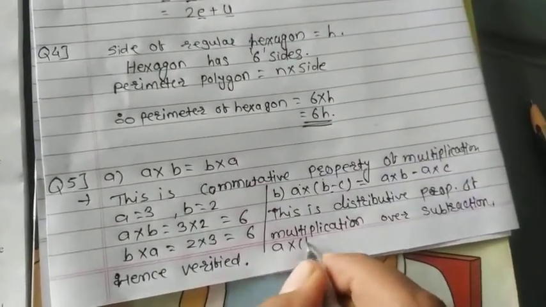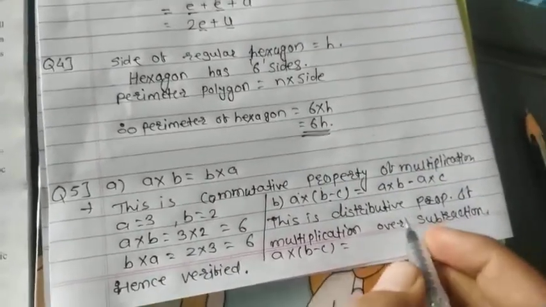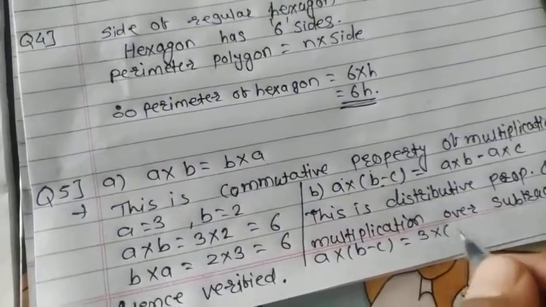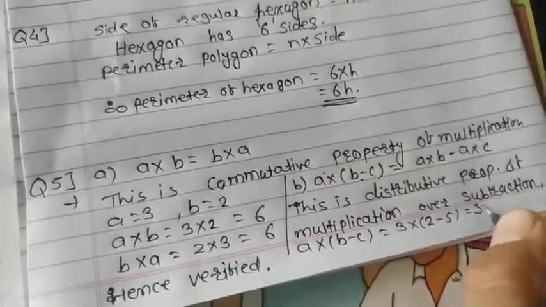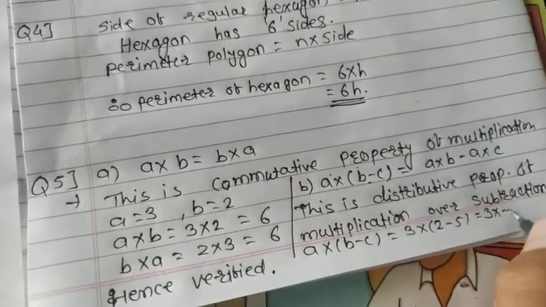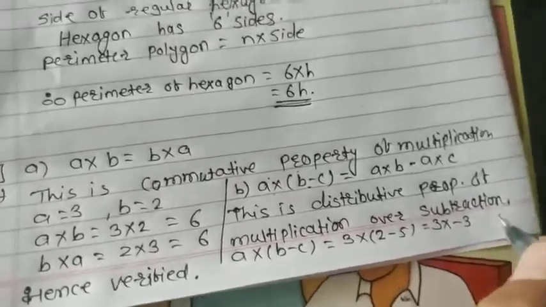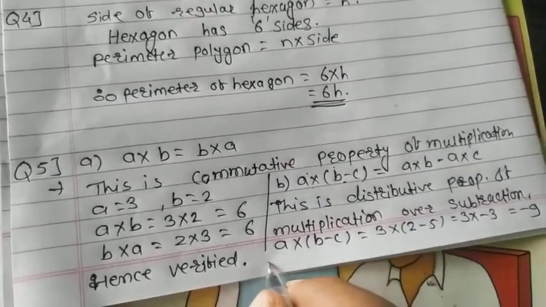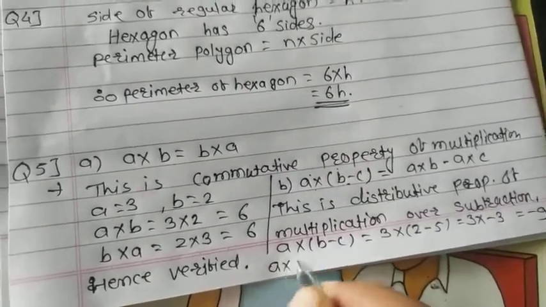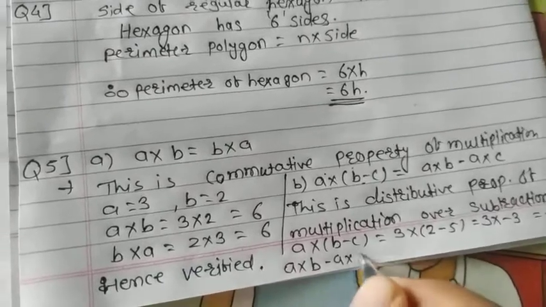You can verify this. a into (b minus c). So our a is, what we have given, a is 3, b is 2. So 3 into (2 minus 5). We get 3 into minus 3, and we get minus 9. Now we are going to compute a into b minus a into c.